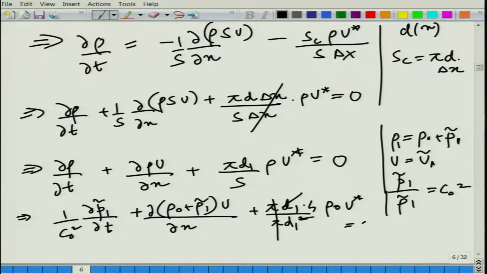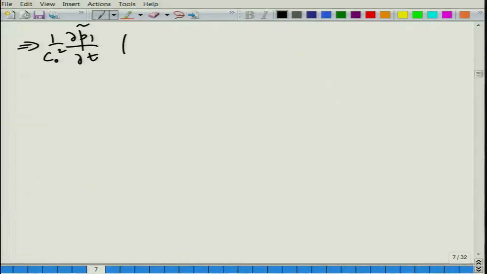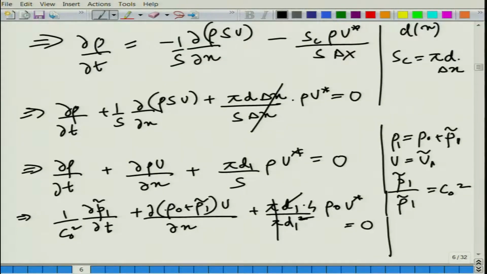So, this is 0, and once you simplify this equation further, you will get 1 by C naught squared times this thing, and again we drop the second-order quadratic terms, because we have shown in the first week of this course that they are small. So, rho naught you can take to be common, and this is u x, rho naught into u 1, you can say like this.